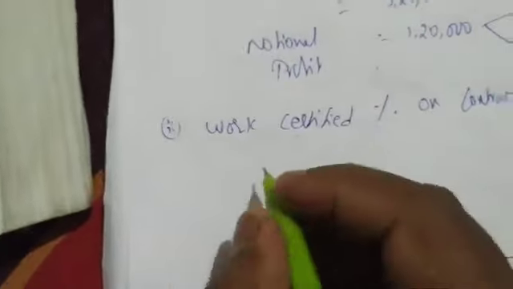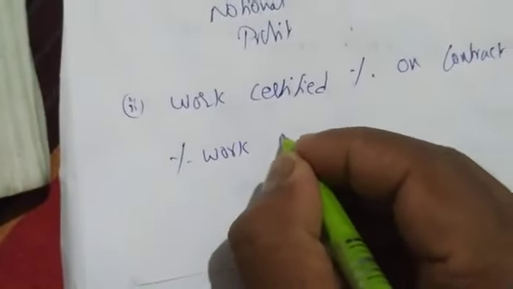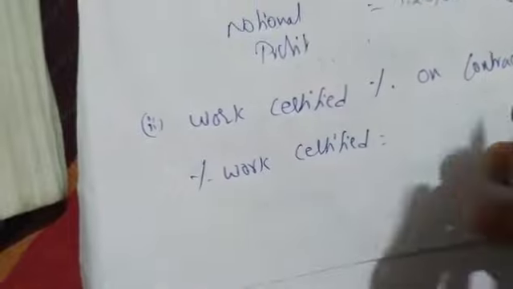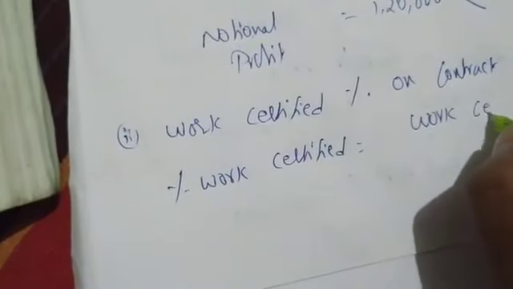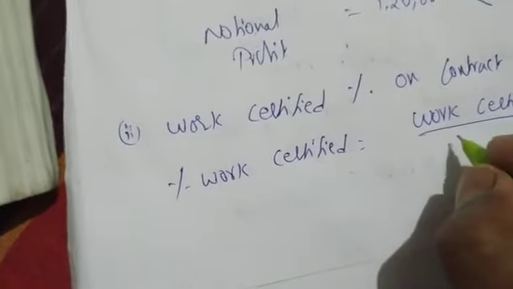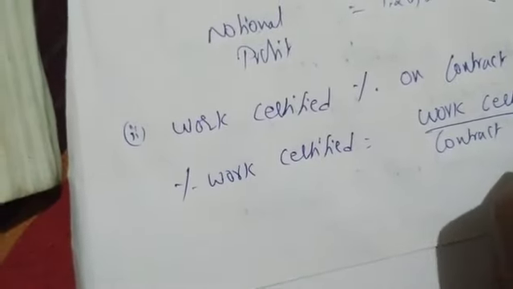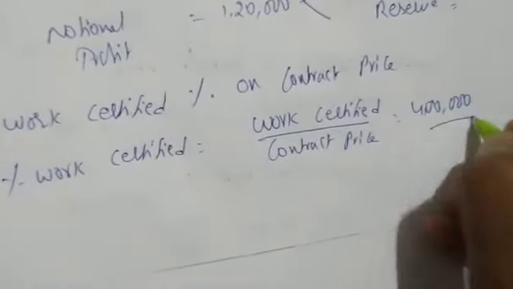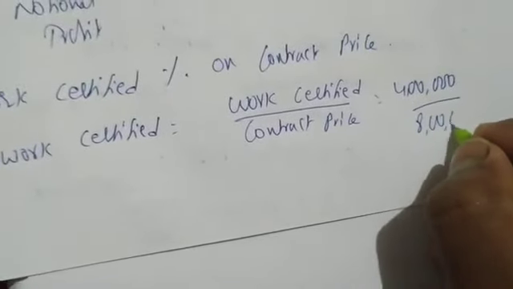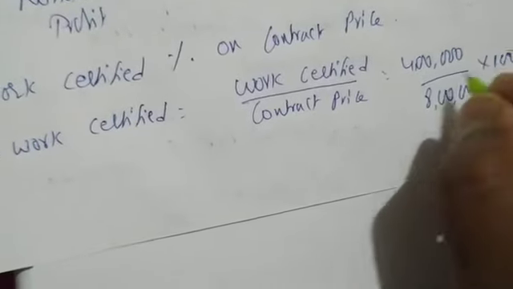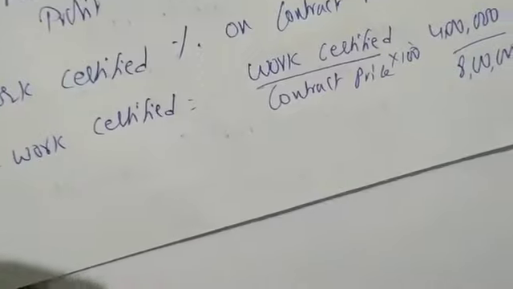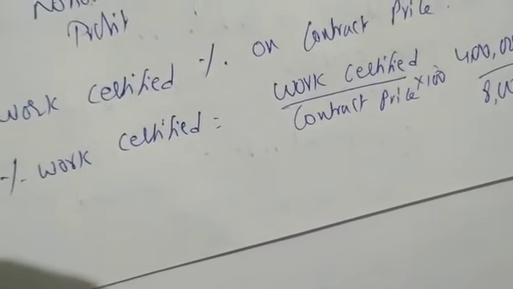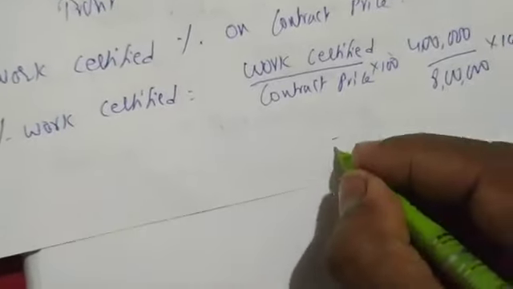So percentage work certified equals work certified divided by contract price into 100. Work certified is 4 lakhs, contract price is 8 lakhs. So 4 lakhs divided by 8 lakhs into 100, you are getting 50%. 50% is work certified percentage.